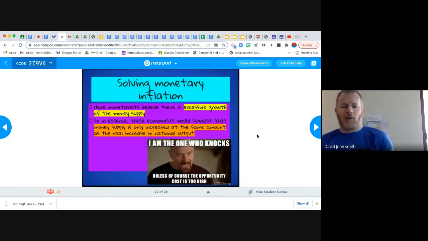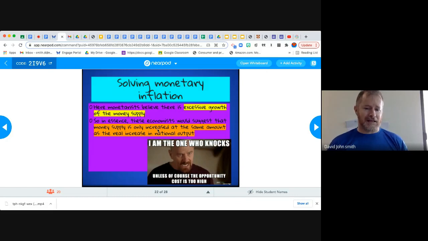So if it is more monetary, if we're thinking about the amount of money that's available, the amount of credit that is available, right? If there is an excess of growth of the money supply, so if there's too much money floating around in the economy, then we're going to see more inflation, because we saw that the other week with the MV equals PT formula, where an increase in money supply multiplied by the velocity of circulation equals an increase in the price level, potentially.